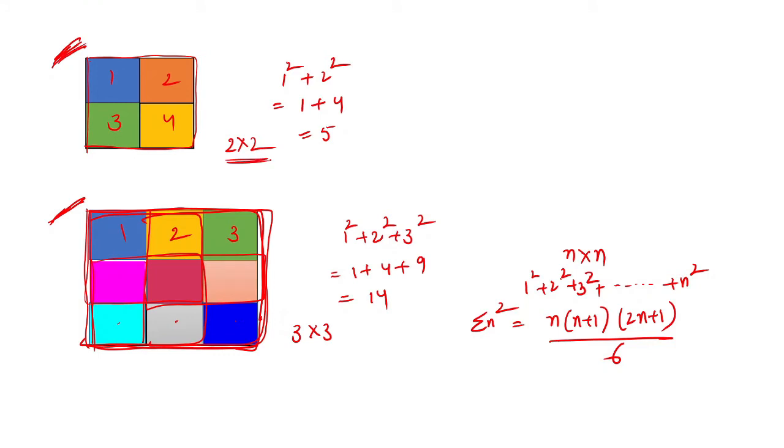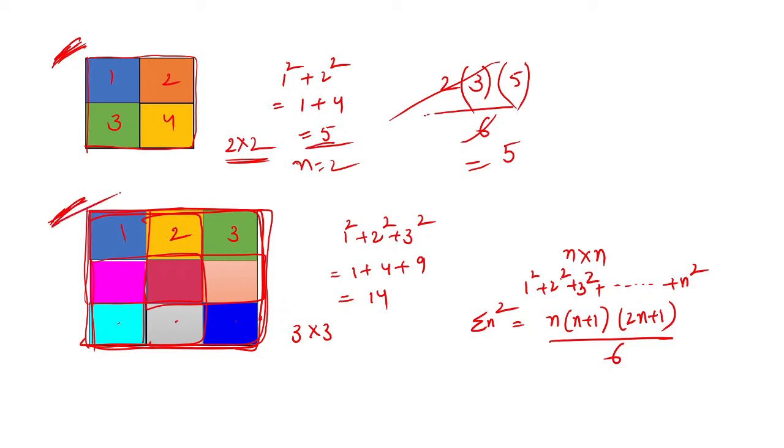2 by 2 means here n is equal to 2. So here 2, and 2 plus 1 means 3, and 2n plus 1 means 4 plus 1, 5. 5 by 6, that equals this 6 and 6 gets cancelled. So the answer is 5. Okay, 5 squares. Now apply the same formula for this second diagram.